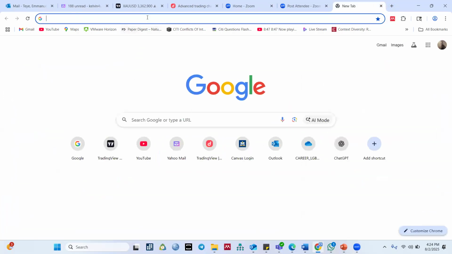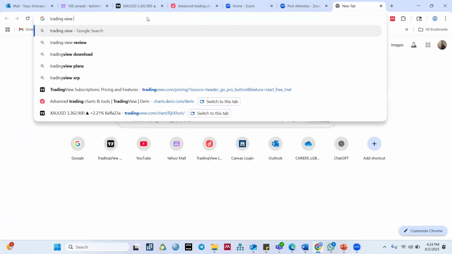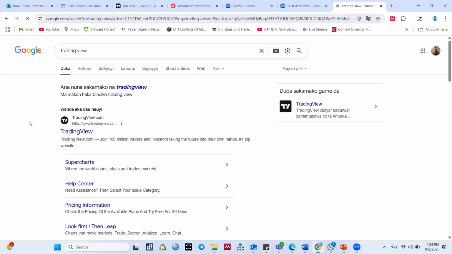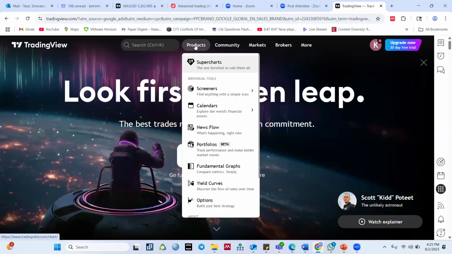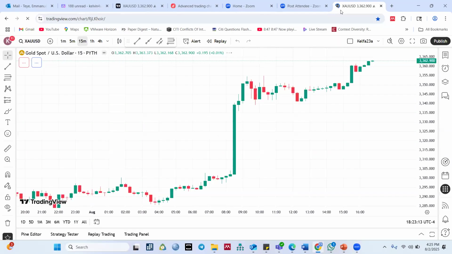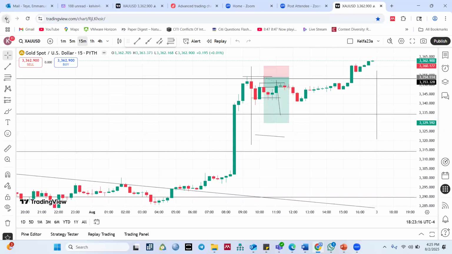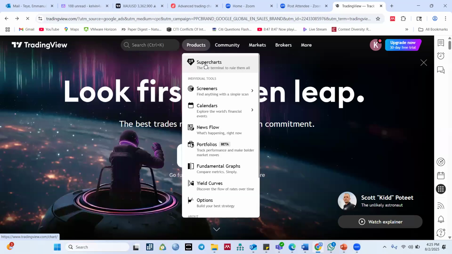Go to Google, your internet search, and just type TradingView in the search bar, and then open TradingView. When you open TradingView, come to Product and then click on Super Chart.